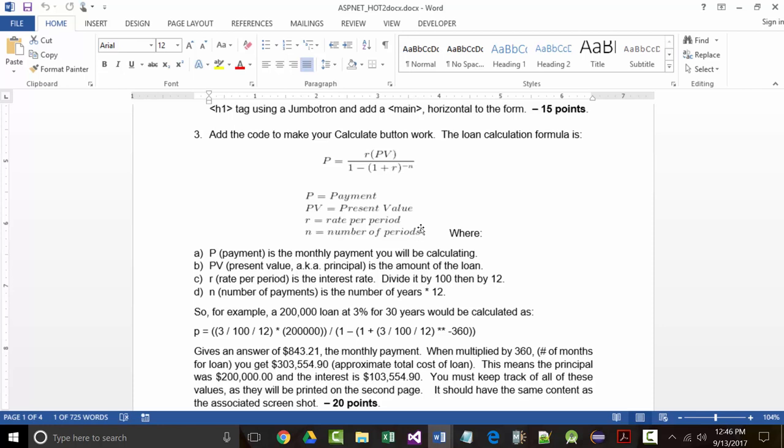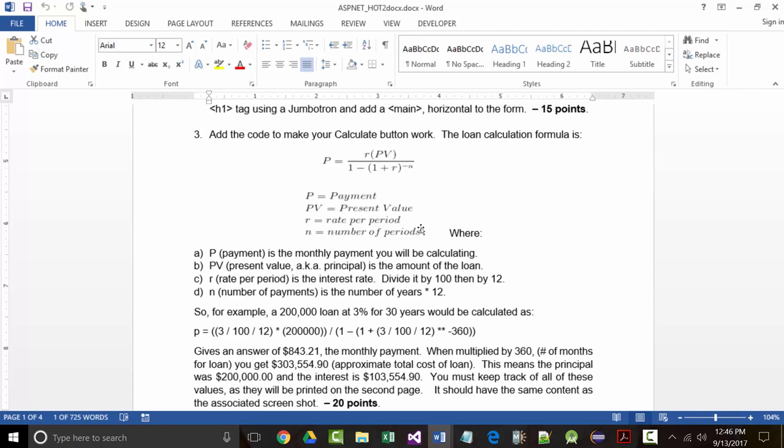Again, I may have screwed up the math. I don't know. But it came out to be somewhere around this. Again, I might be off by a little bit, but you get the idea. So it was somewhere around this amount, $303,555.60. It was something like that, okay?